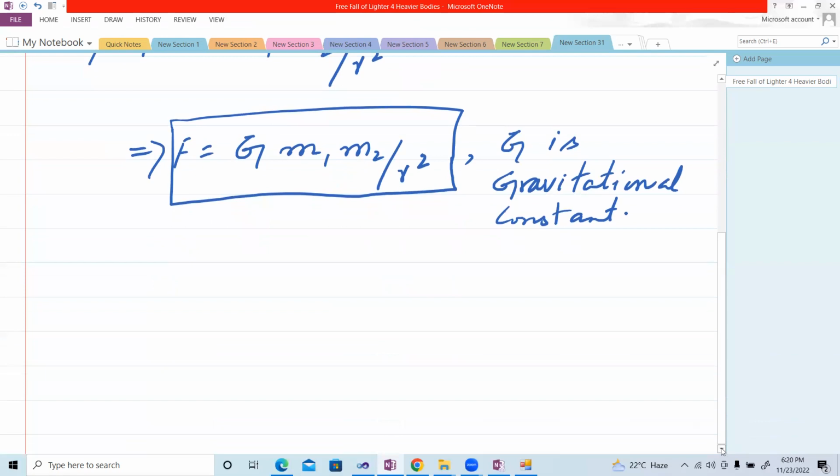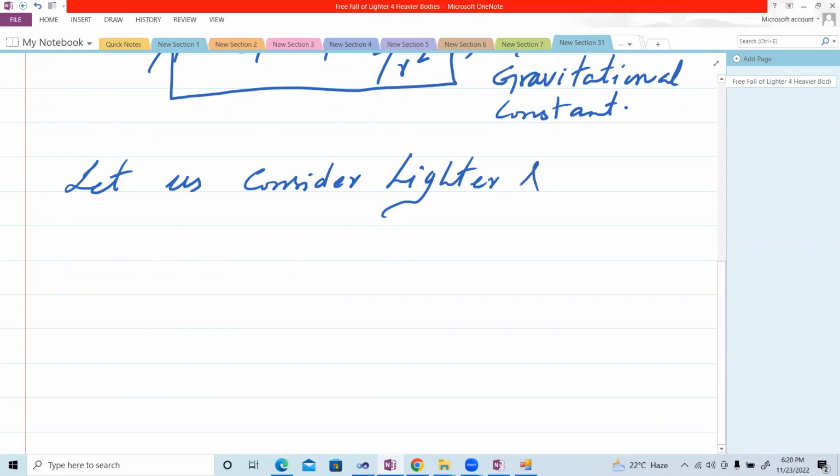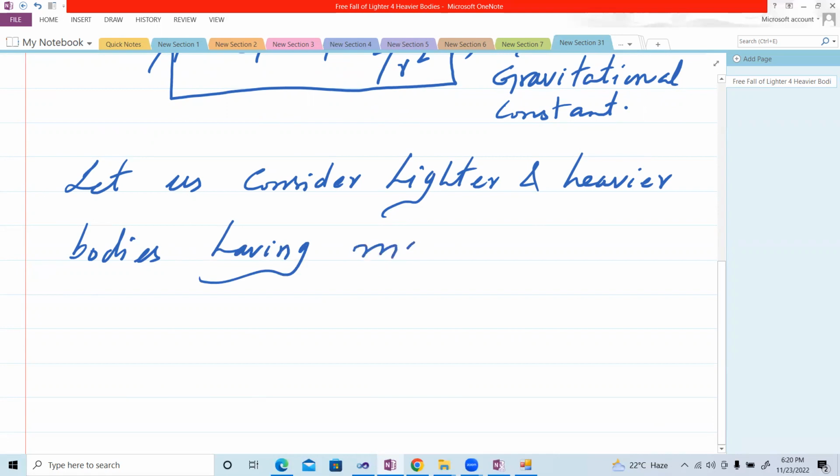Now, let us consider two bodies, lighter and heavier bodies, having masses M1 and M2 respectively.